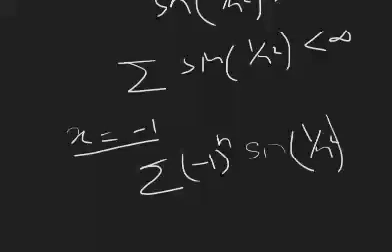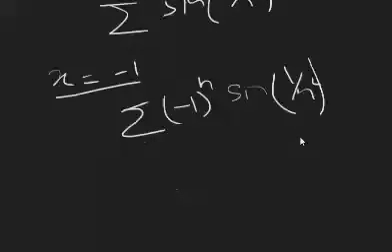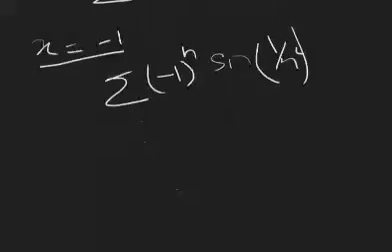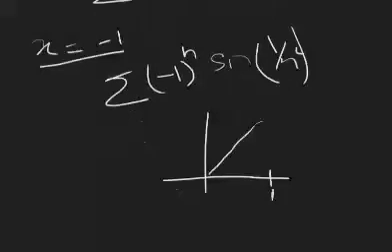The sine function is a decreasing function in the considered range, decreasing to 0, and this series is alternating. Therefore this series is convergent.